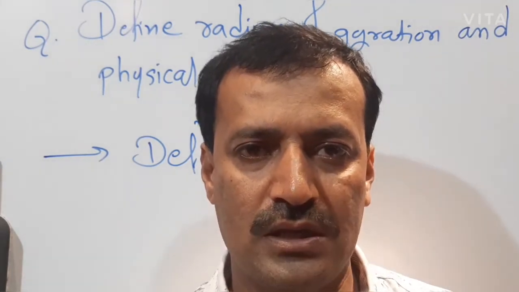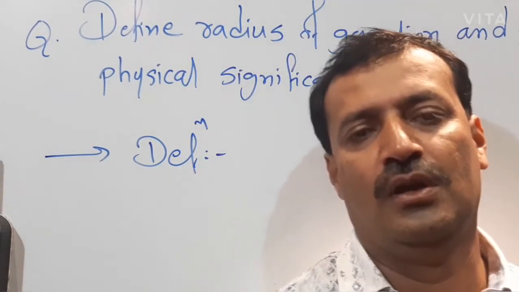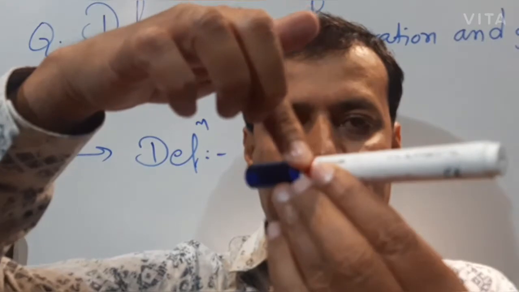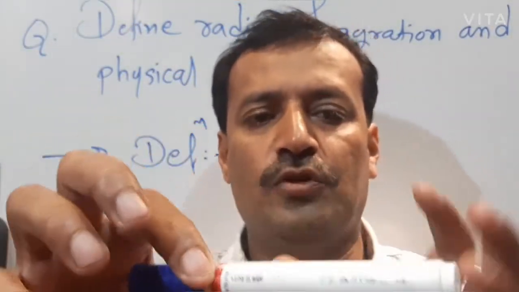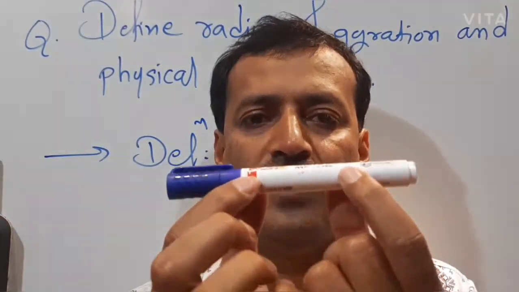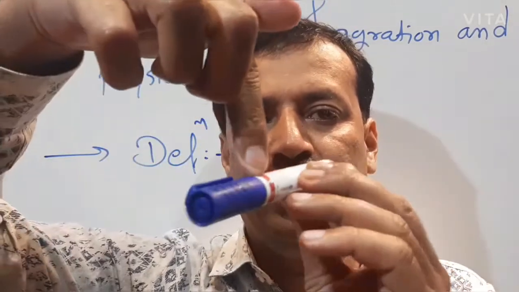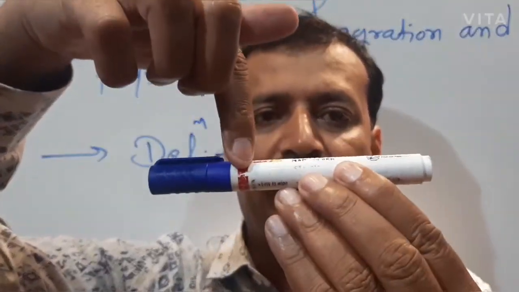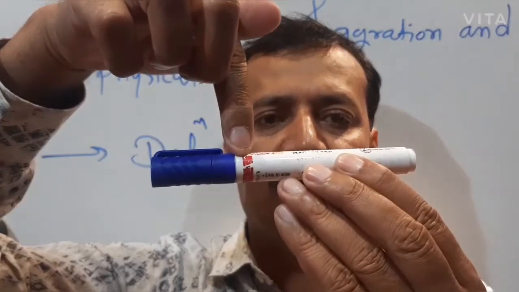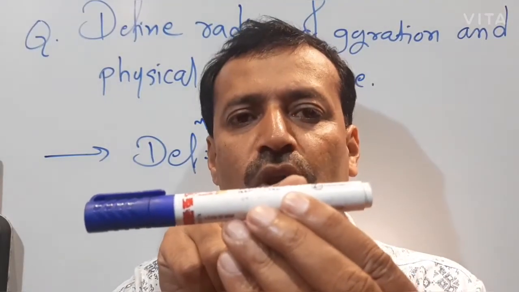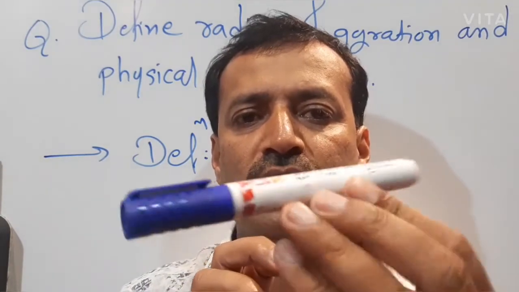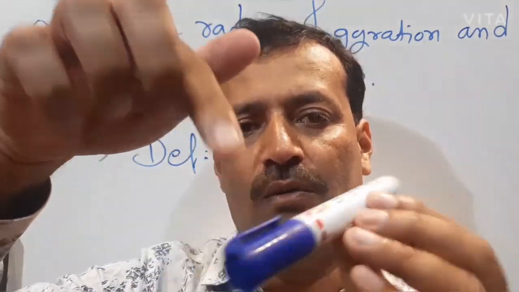It is a body, and if it is moving about this axis, and suppose that more mass is at this point, then the radius of gyration of a body about a given axis of rotation is defined as the distance between the axis of rotation and the point at which whole mass of a body can be supposed to be concentrated so as to give same MI as that of the body.